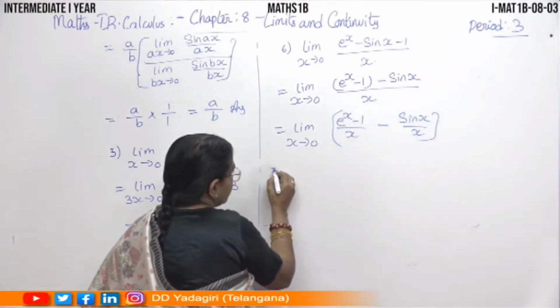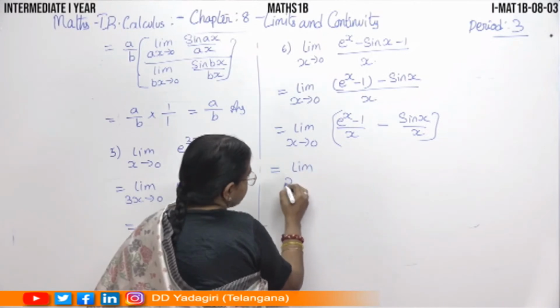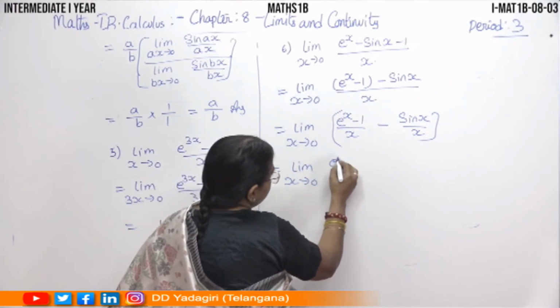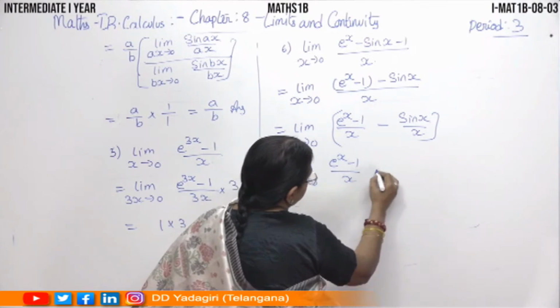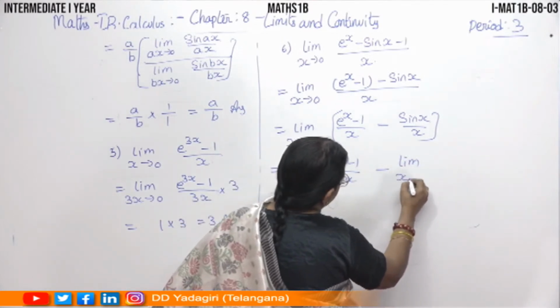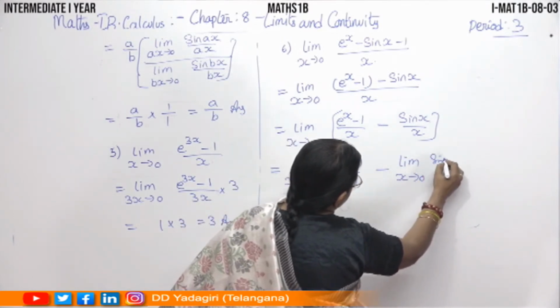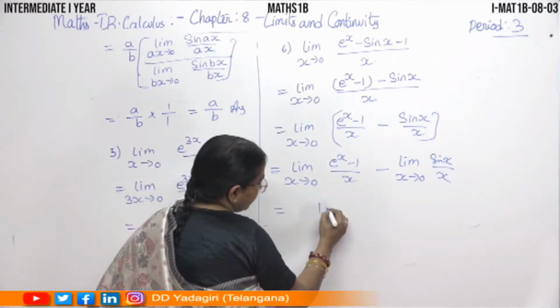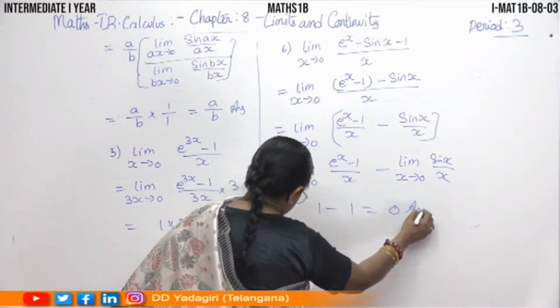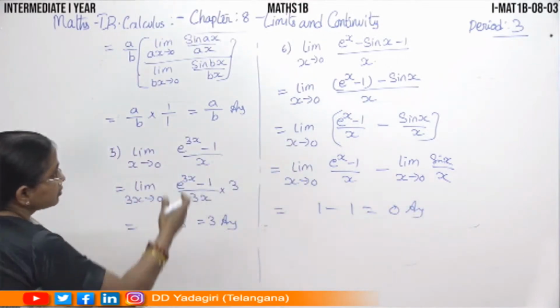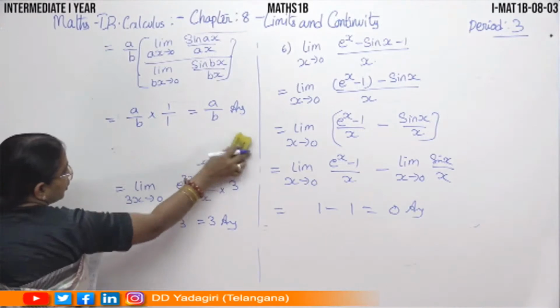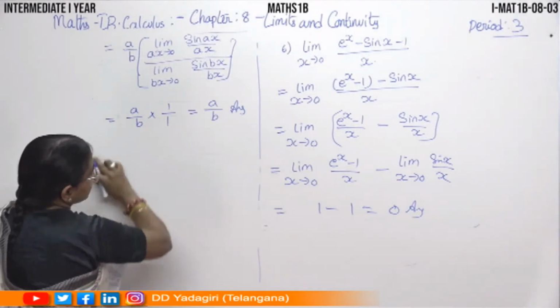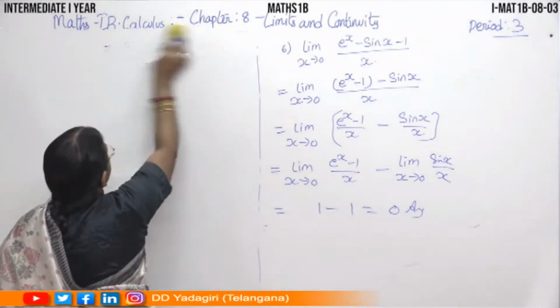So now it is limit of the first function, e power x minus 1 by x, minus limit of the second function, sin x by x. You can see this limit is 1, that limit is also 1, 1 minus 1 is 0. So like this we do the problem. That problem is again very, very important. You can just practice and learn. Okay, next problem.